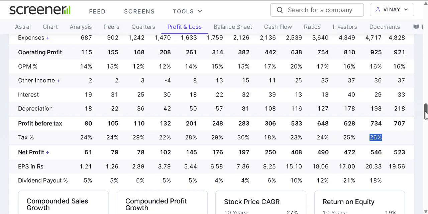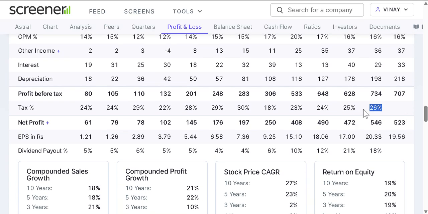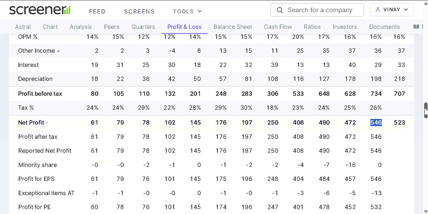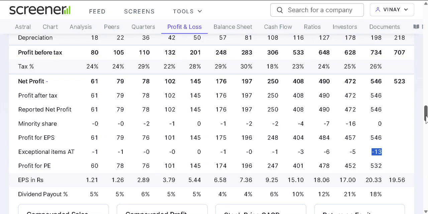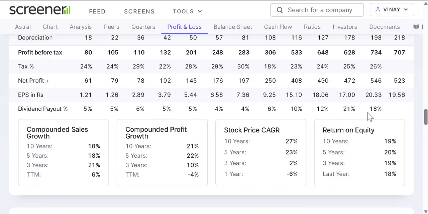There may be some increase because of some other reasons, otherwise 25% is standard across industry. So if you reduce this taxation, this comes to 546 crore, and this is net profit, or you can say profit after tax. So this is PAT. Okay, and if there are some exceptional items or maybe some previous year's tax rebate, then it gets added.